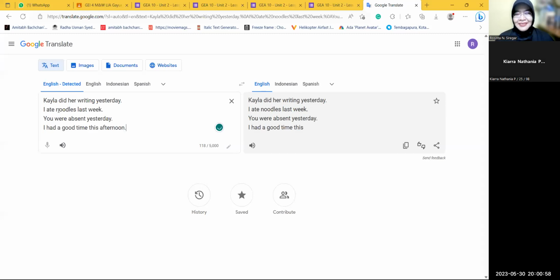What's the difference between the original sentence and your reported sentence if you only use had? I missed it. The formula of past perfect is had plus verb 3.